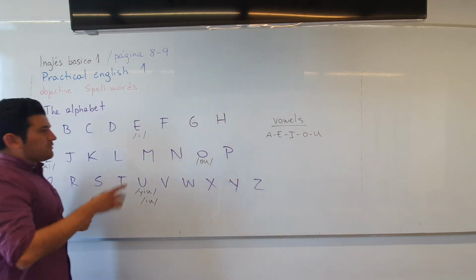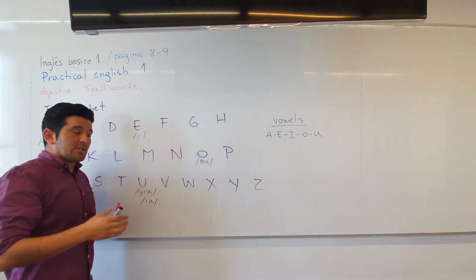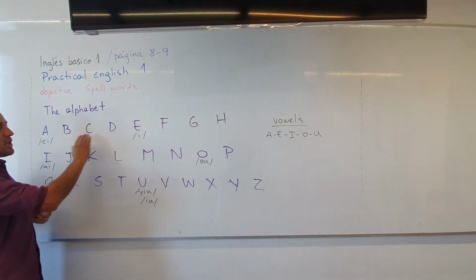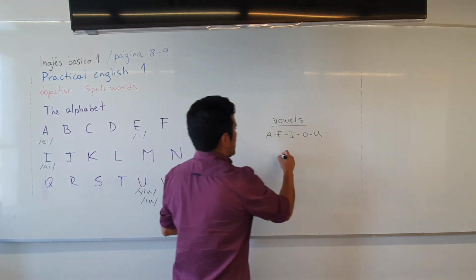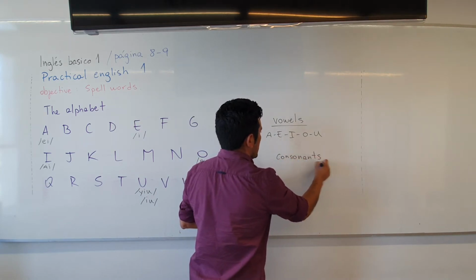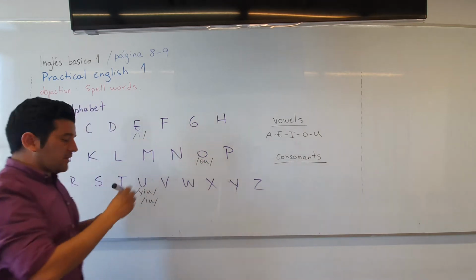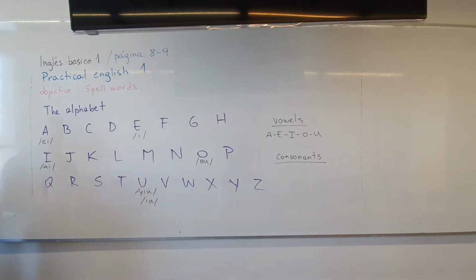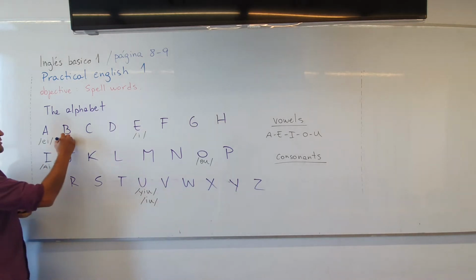Okay. So then we're going to give another example. Now we're going to check the consonants. We have the other group that is called consonants. Those are all the other letters that we have here. Look at this one.